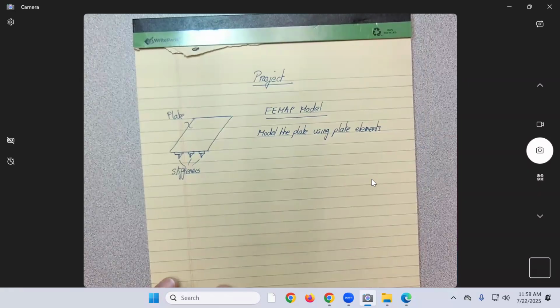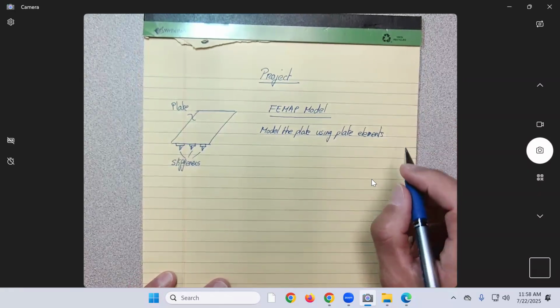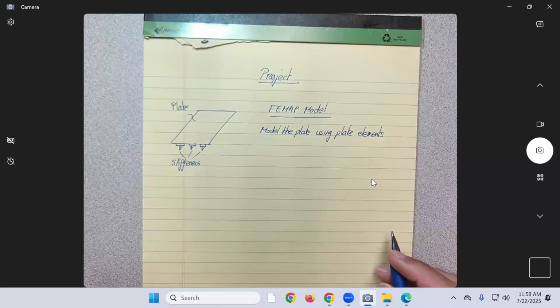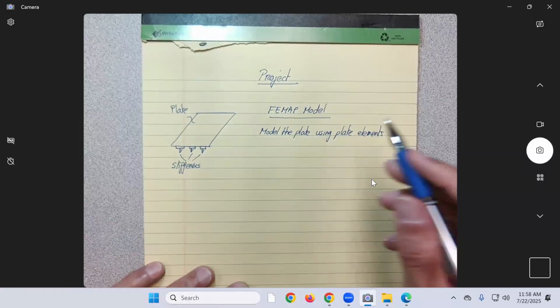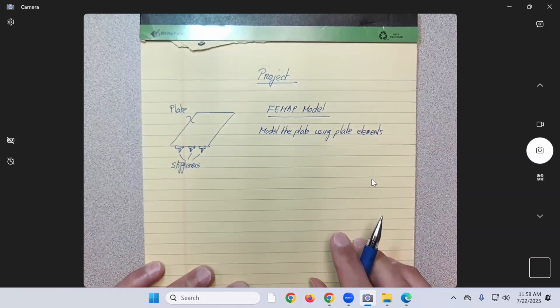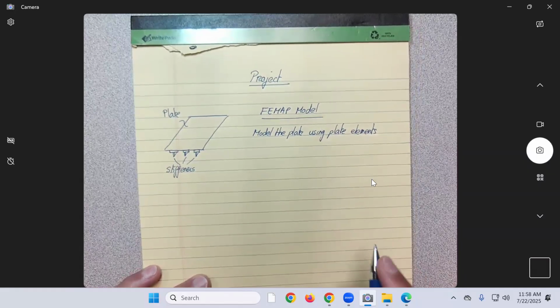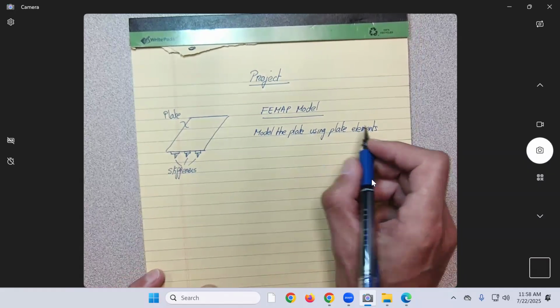So basically, it's the same thing we just did now on the FEMAP. When you think about a plate, you will have a surface and you will provide a thickness to the surface, and then model the plate using plate elements.